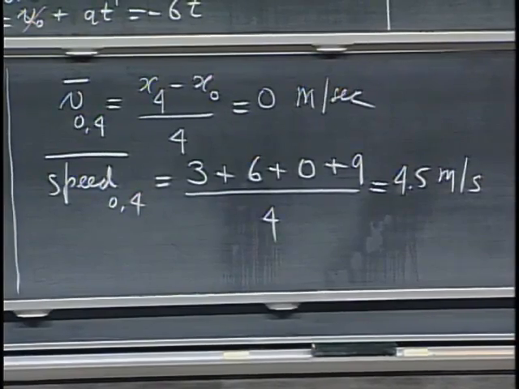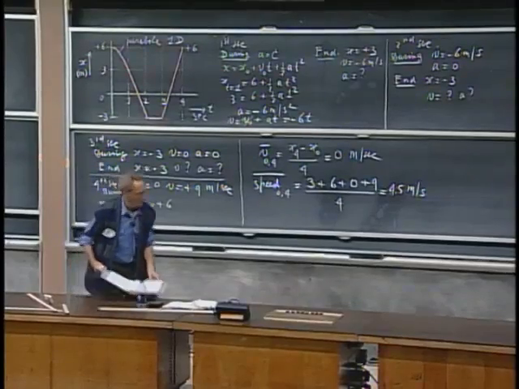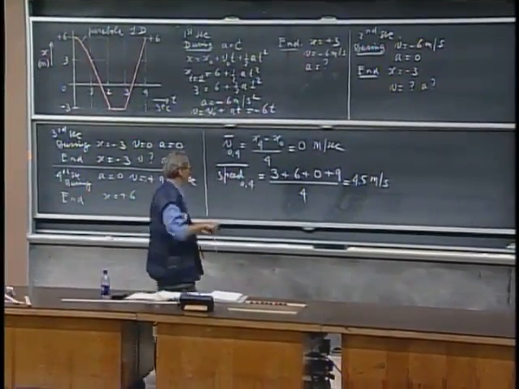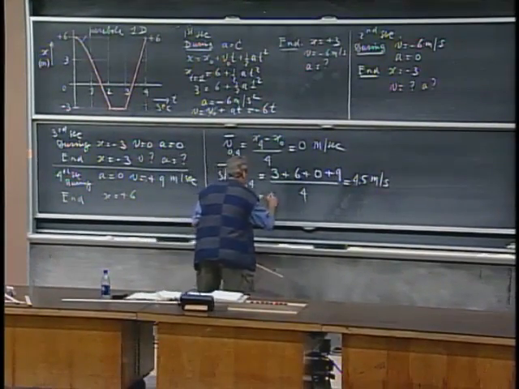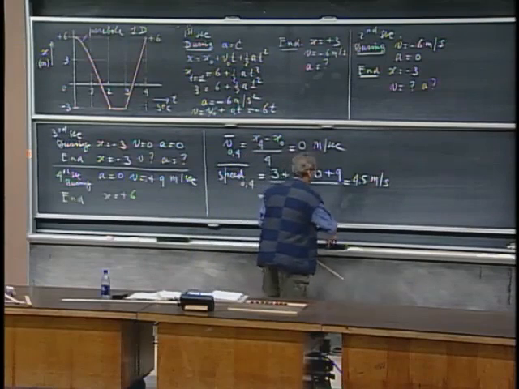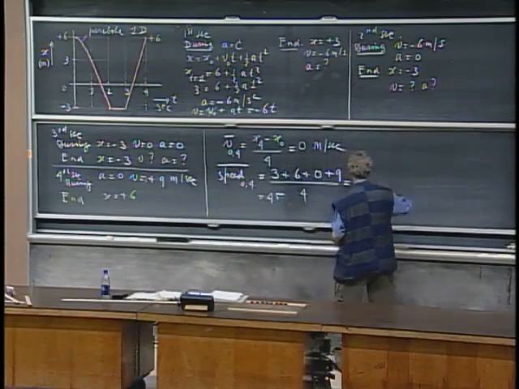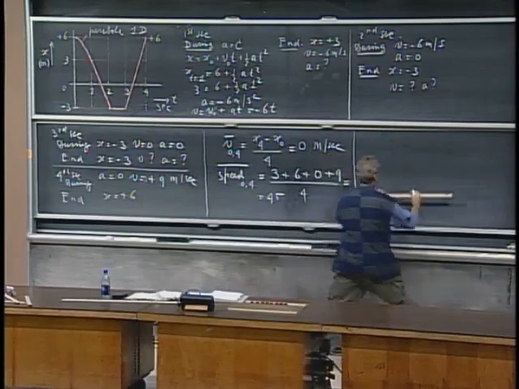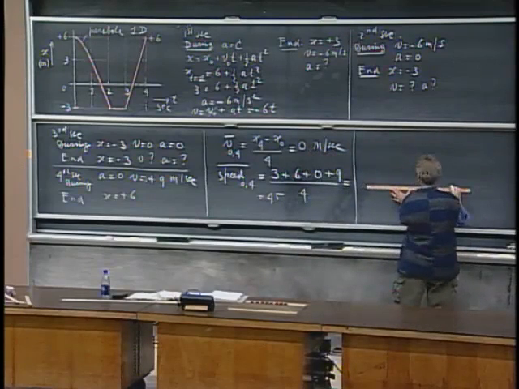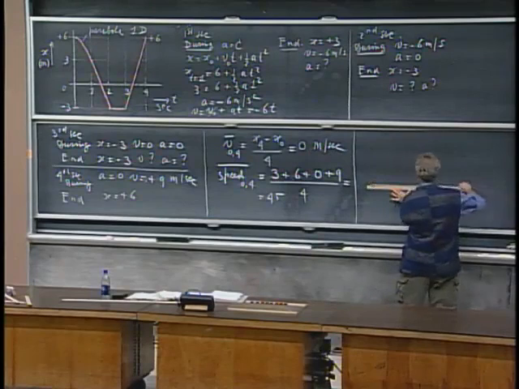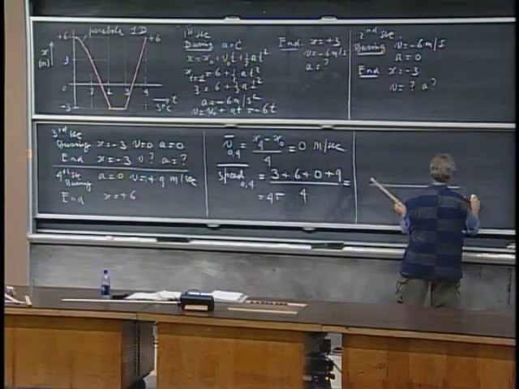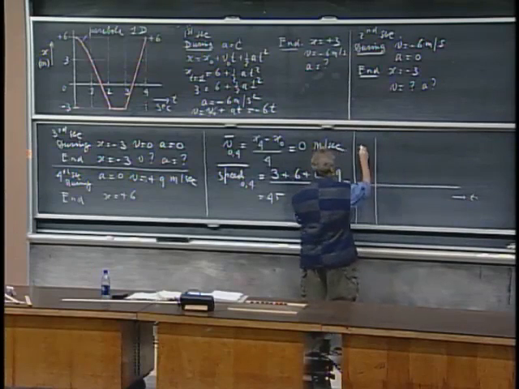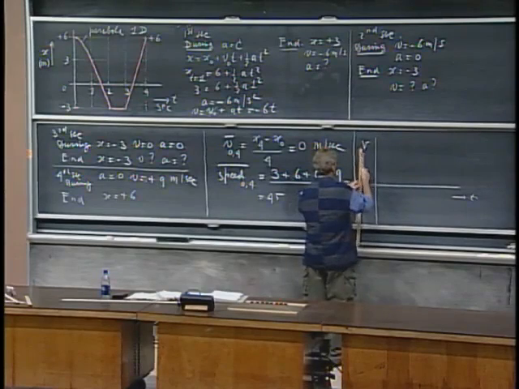We could now make a plot of the velocity as a function of time. Let me put here the 4.5, so that I just have enough room to make the velocity plot as a function of time. I'll make a new one. This is my time axis. And this is the velocity.